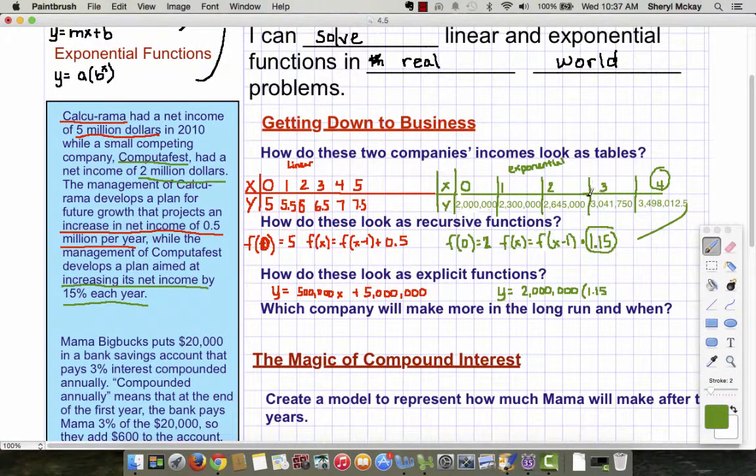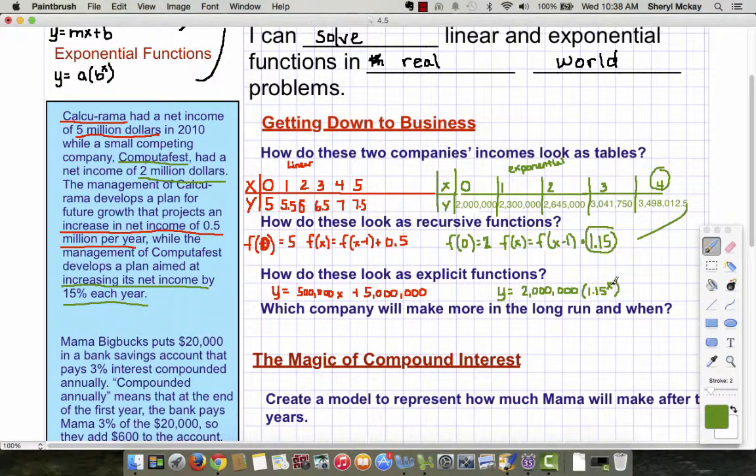And we're going to do it however many times our years are. So in the 0 year, we didn't multiply by 1.15 at all. We just had 2 million. So if I make my exponent be an x, in the 0 year, this would become a 1, because any number to the 0 power is 1. So 1 times 2 million is 2 million. 1.15 to the first power for year 1 would be 1.15 times 2 million, and I'm going to get 2,300,000.